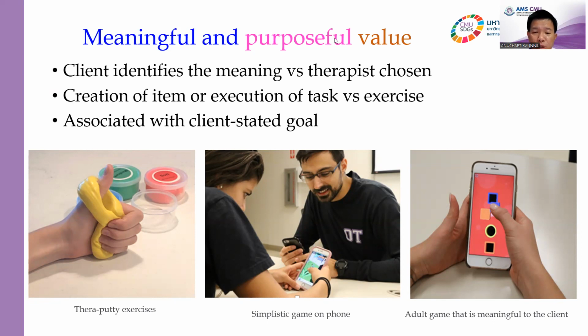If we look at the middle picture, a simplistic game on the phone. It uses isolated fingers as well, isolating the thumb as well. And the last picture on the right corner, an adult game that is meaningful to the client.